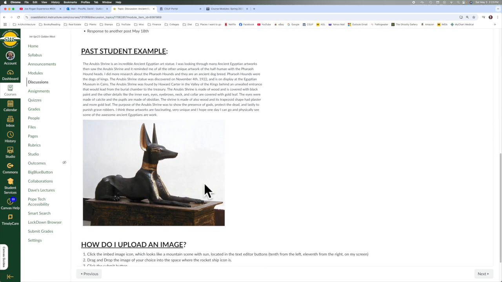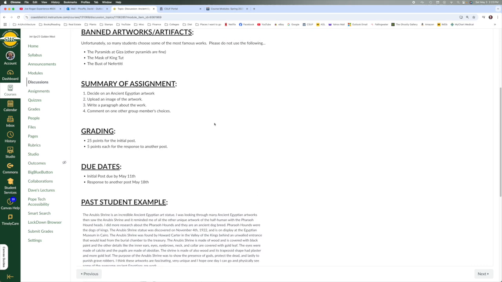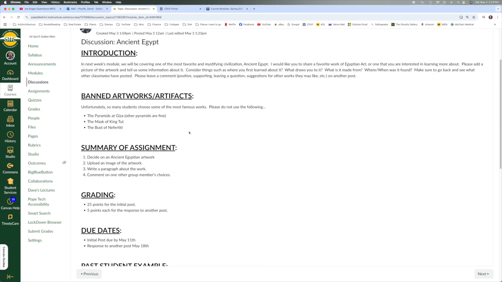So you can see here, we've got a sculpture of Anubis, and we have all this information here, which is very interesting. So that's basically what I'm looking for as far as this project goes. There are a couple banned artworks. Do not choose the Pyramids of Giza, the Mask of King Tut, or the Bust of Nefertiti.